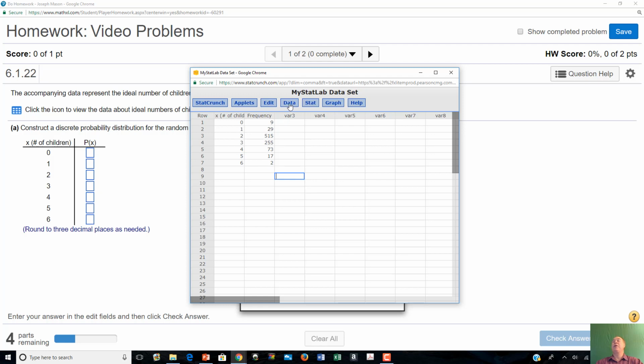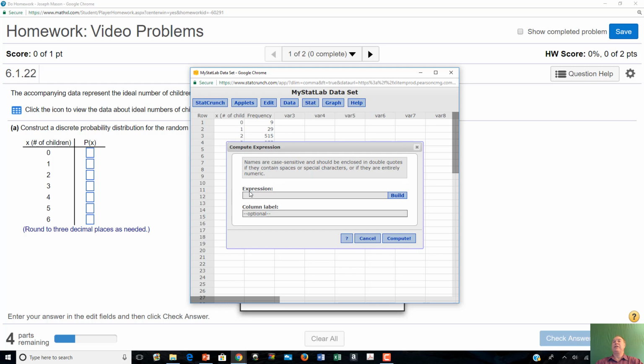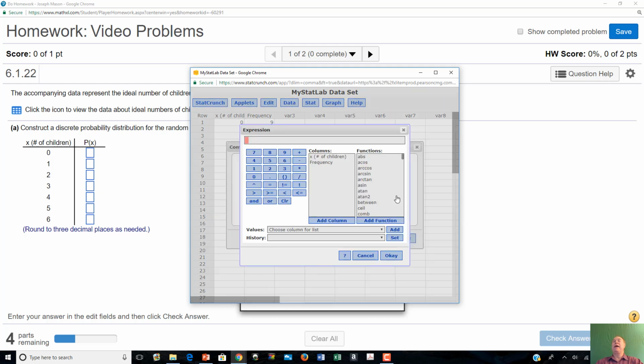So we would go under Data, Compute, Expression. Now, you see the word expression here? We hit Build. Now, what do we do to get the probability? Wasn't it the frequency divided by the sum of all frequencies? So I'm going to hit frequency twice under columns. I'm going to hit division on the calculator.